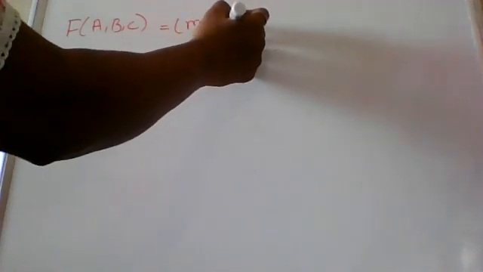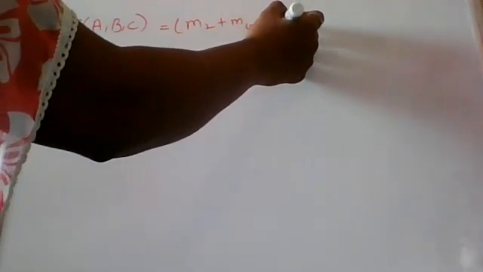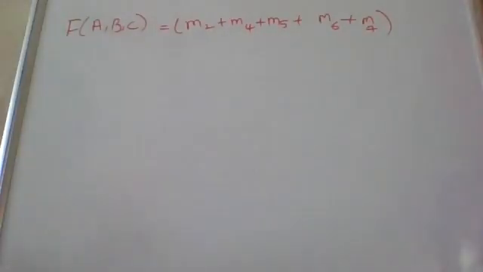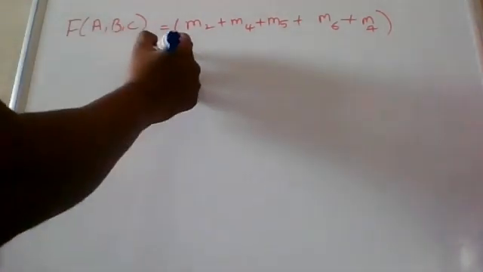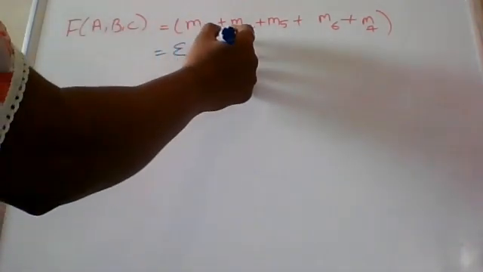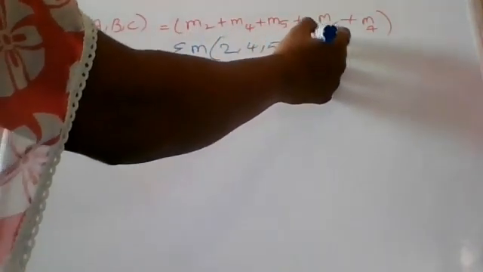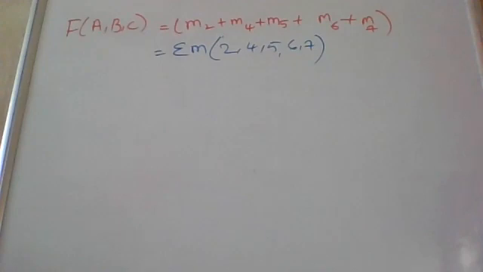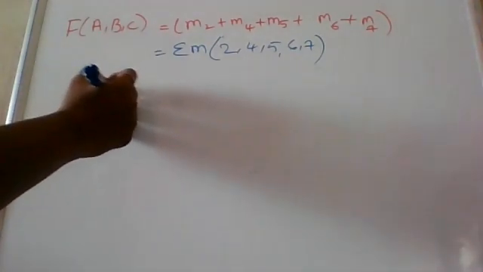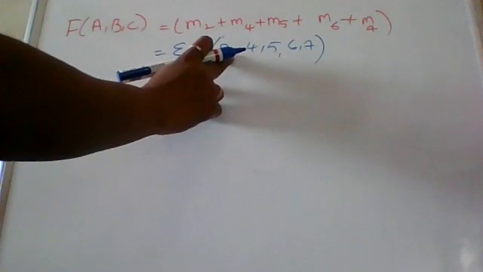If the given expression is f of a, b, c equal to m2 plus m4 plus m5 plus m6 plus m7, we can also write this as summation m 2, 4, 5, 6, 7. This is a three variable function. So what does each minterm mean?